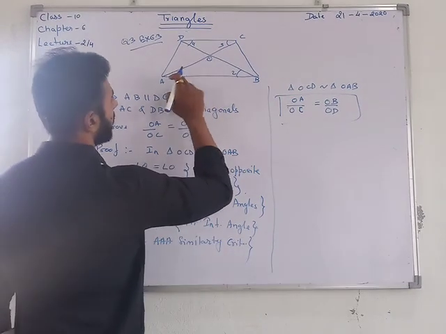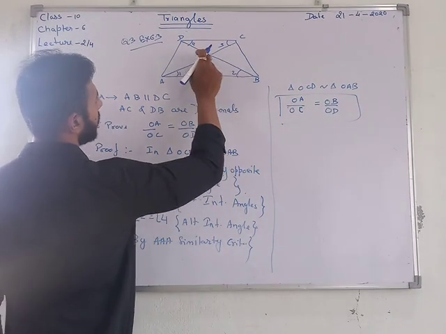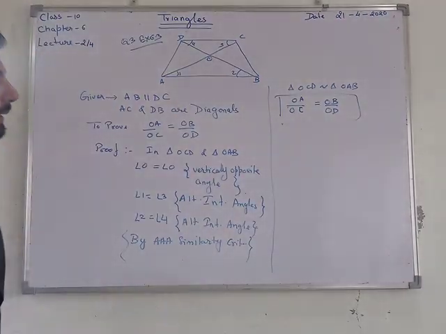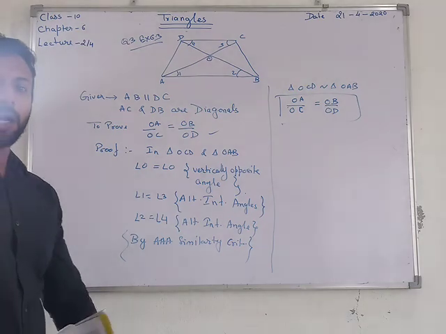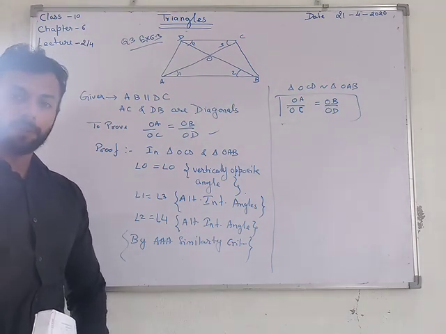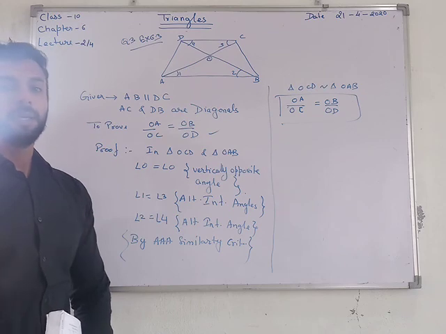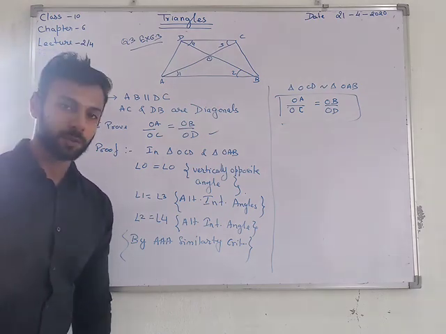Means OA by OC is equal to OB by OD. This is what we had to prove. I hope you got the idea how we can solve problems with the BPT theorem, the inverse of the BPT theorem and the AAA similarity criteria. We will be continuing our lecture tomorrow. Thank you.